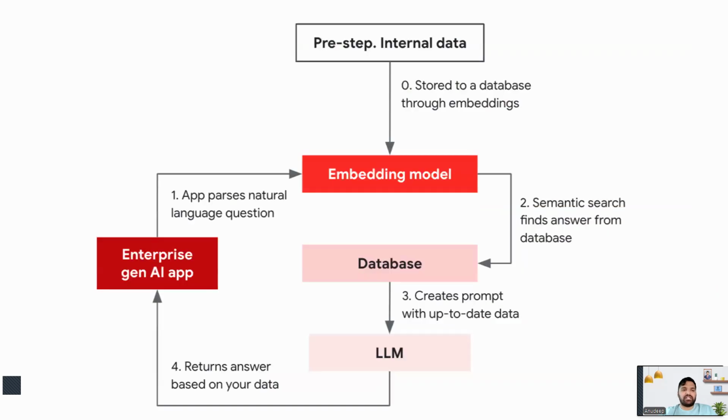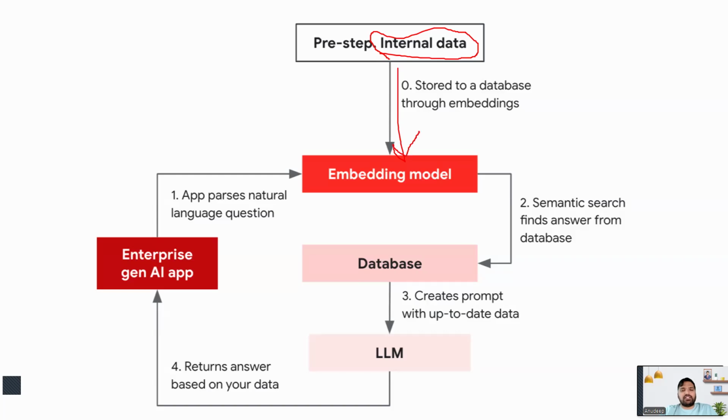Now, in an enterprise Gen AI application, how does this come into play? Let's look into it. Any company will have its own internal data. This internal data is sent to an embedding model.